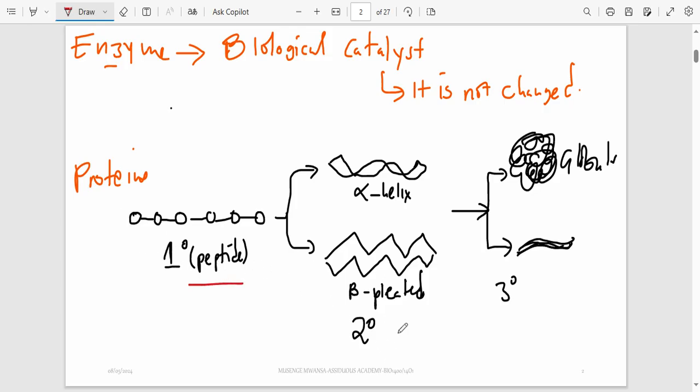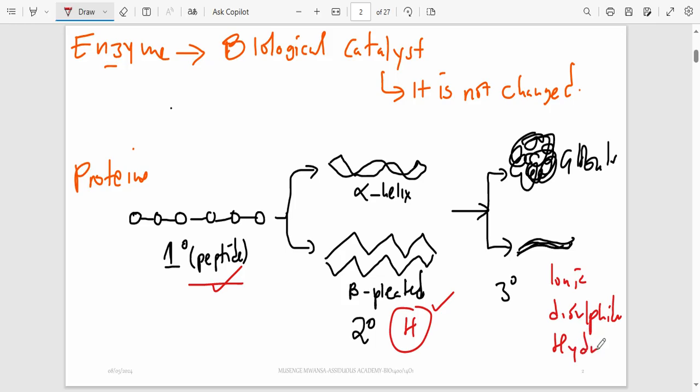Secondary structures will have peptide bonds, including hydrogen bonds. Tertiary structures will have peptide bonds, hydrogen bonds, and you also have ionic bonds, disulfide bonds, and hydrophobic interactions.